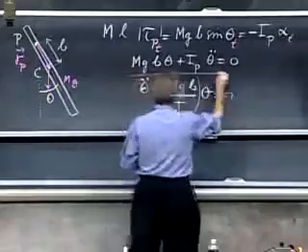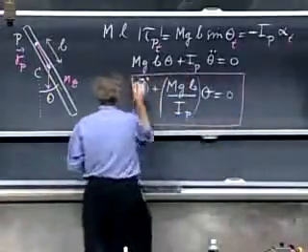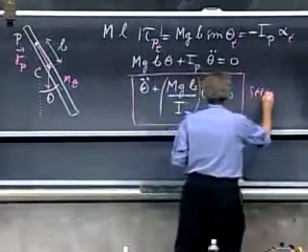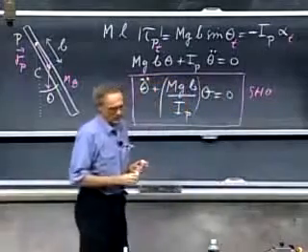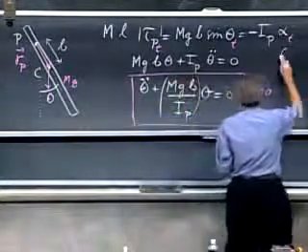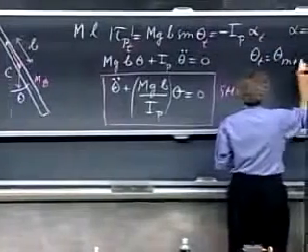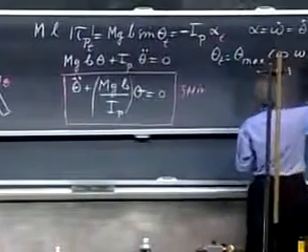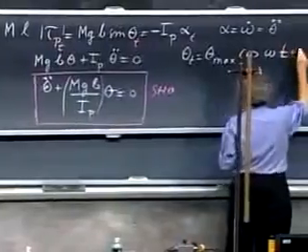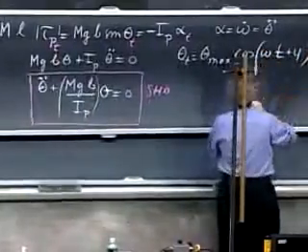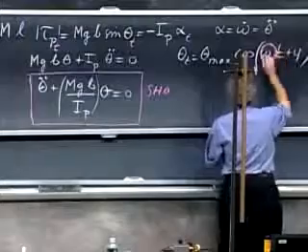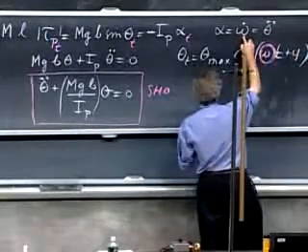And this, for sure, is a simple harmonic oscillation in theta. And the solution must be that theta in time must be some maximum angle times the cosine of omega t plus phi. This omega has nothing to do with that omega.